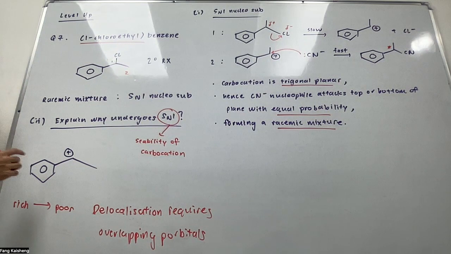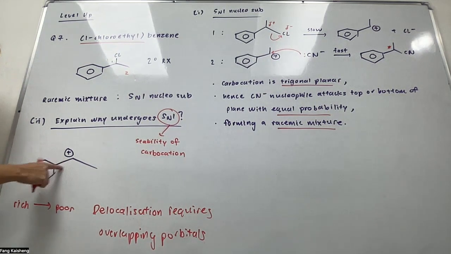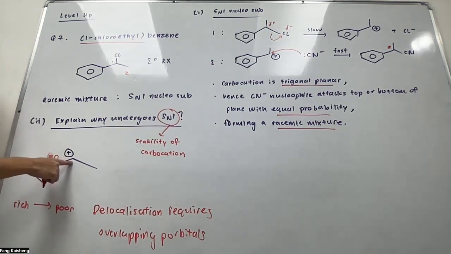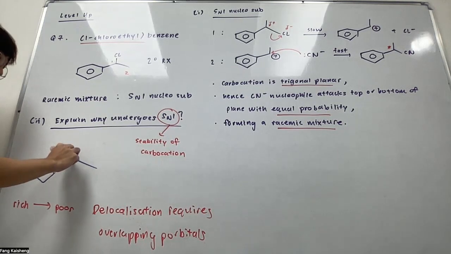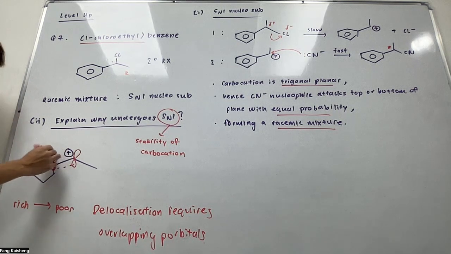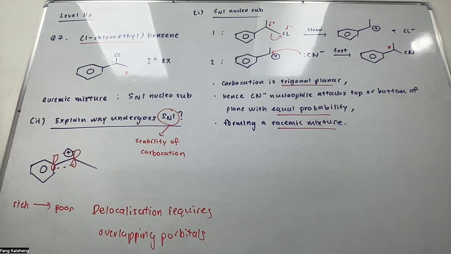I'm only interested in this carbon here. It has a p orbital, just like the rest of them. The delocalized pi electron cloud is only here. So the p orbitals will overlap first.